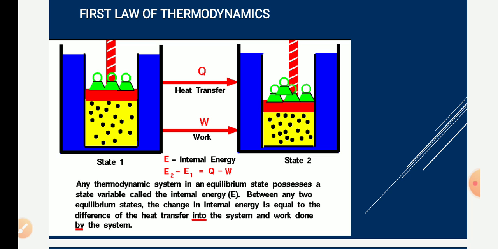So in state 2 you observe that the gas does work. What the first law of thermodynamics states is that the amount of heat energy we give to a system is utilized to increase its internal energy and for work done by the system. This is called the first law of thermodynamics.